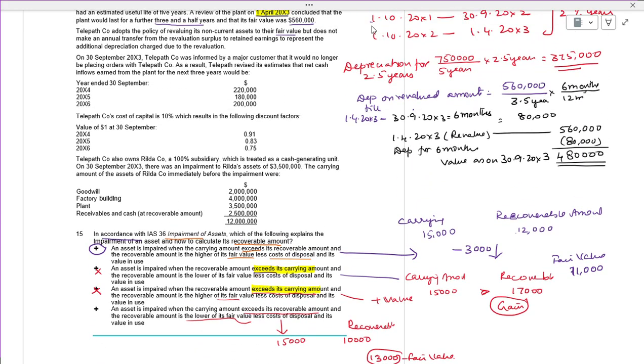See the things, I am writing here. Revaluation surplus.